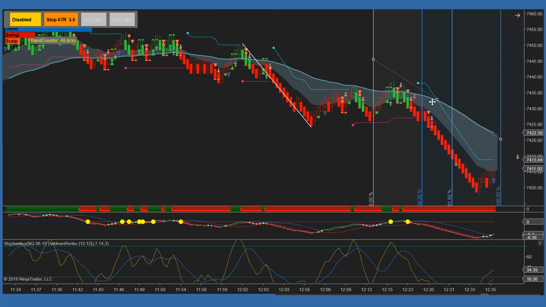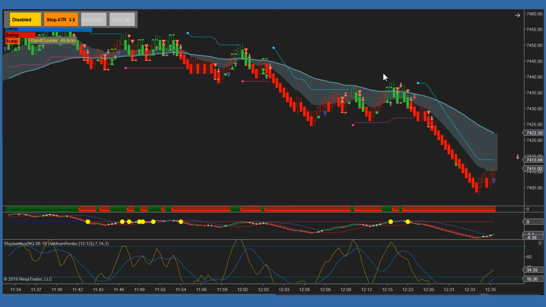So now we'll move our time extension here. Yeah, no, I'm not liking that as much. Okay, so it seems to work well or better for timing your entries. I'm not liking it so much for the profit target. For the profit target, I think I much prefer either a measured move or the Fibonacci extension.